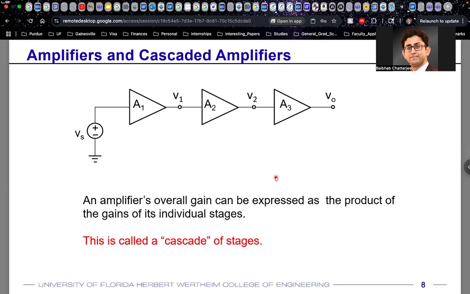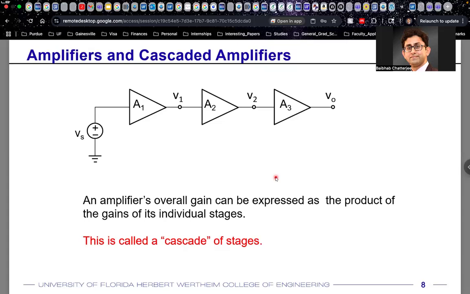So if the total peak to peak amplitude is K, half of that, K over 2, is the distance from the common mode or DC level to the peak of the sine wave, and that is just called the amplitude. The difference between the peak and the trough is called the peak to peak amplitude. That gives you the ratio of the output amplitude to the input amplitude, and that is called the gain of the amplifier.